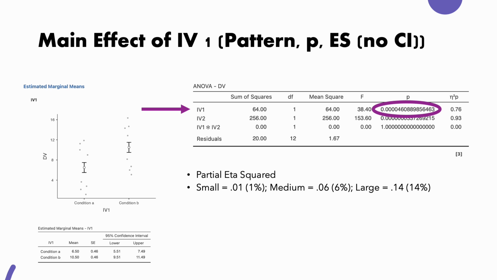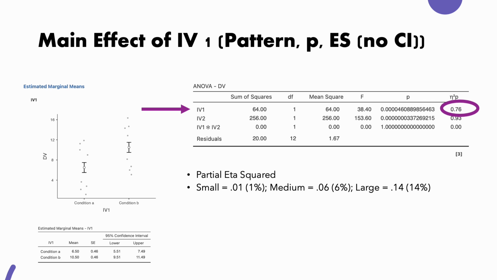Now, our next question is, PPP, population effect size. Again, we do not get the 95% confidence interval of partial eta squared, which is unfortunate, which limits our interpretation of our data. But we do get the sample partial eta squared, which is an effect size. And 0.01 is small, 1% is small, 0.06, 6% is medium, and 0.14, 14% is large.